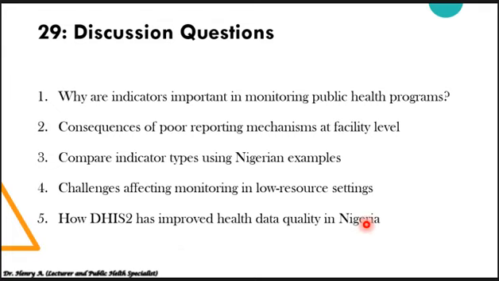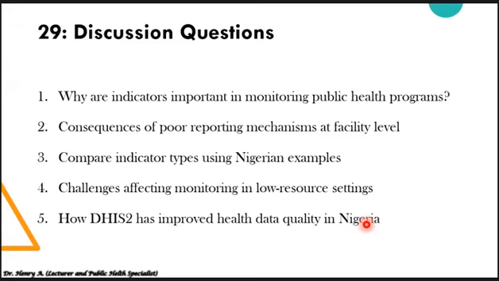Why are indicators important in monitoring public health programs? That's question one. Indicators are important because they provide measurable evidence of whether a health program is progressing towards its objectives. From the lecture notes that we've discussed, I mentioned indicators and how they help the program managers. Number one, they help the program managers to determine whether the activities are being implemented as planned.